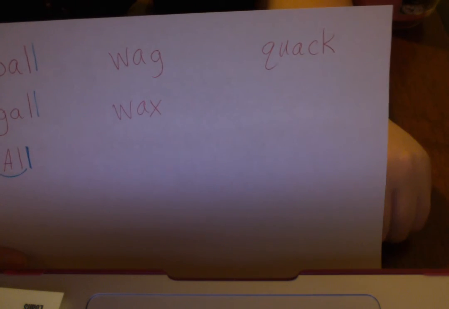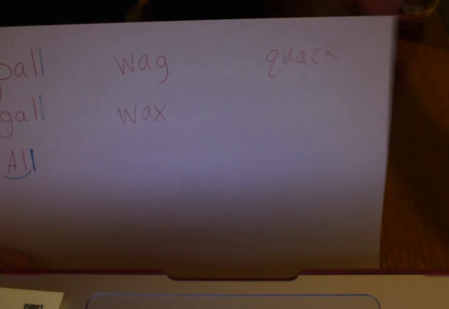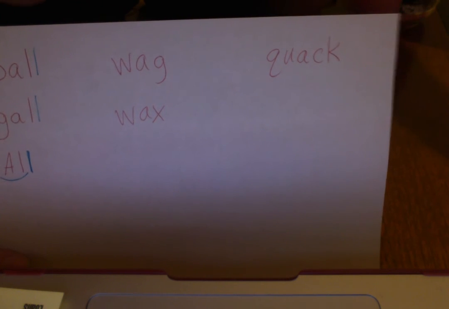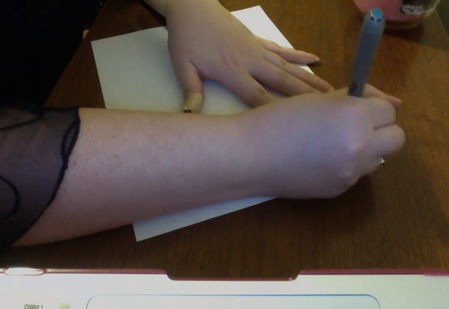Well, Miss Barnes, how come you didn't try making the A say its name, like quake? Because quake is a real word. I'll give you a clue. And I'm going to draw a little dot here.